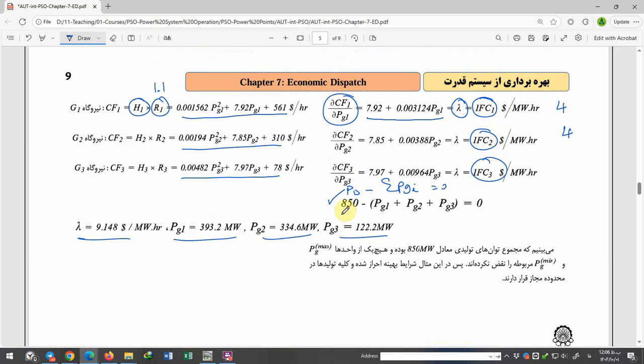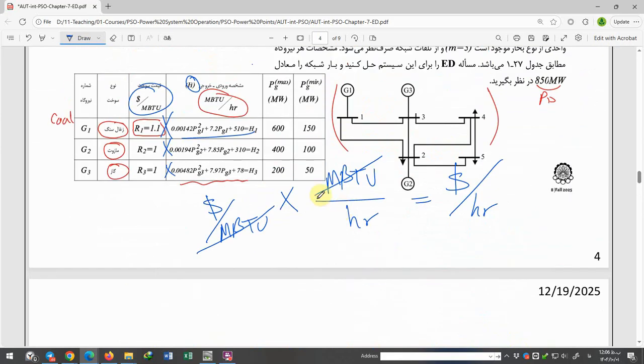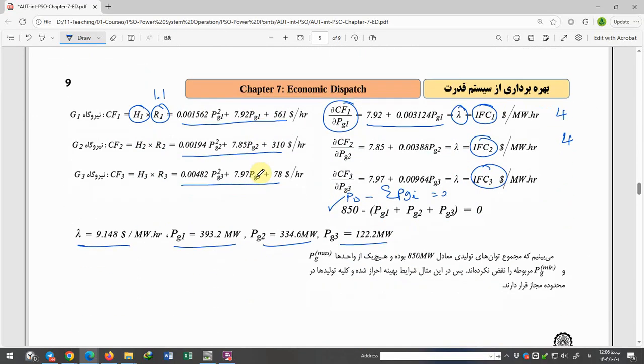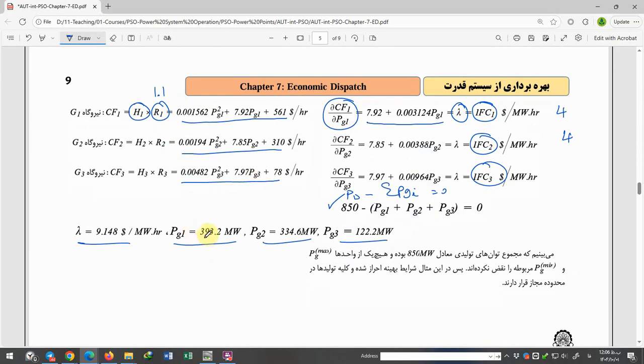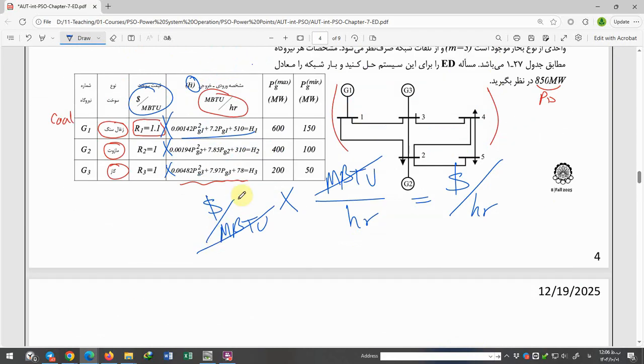If you refer to its table, the PG1 is 393 megawatt, which is in range of minimum and maximum.